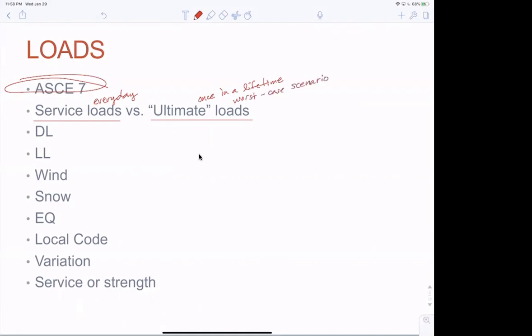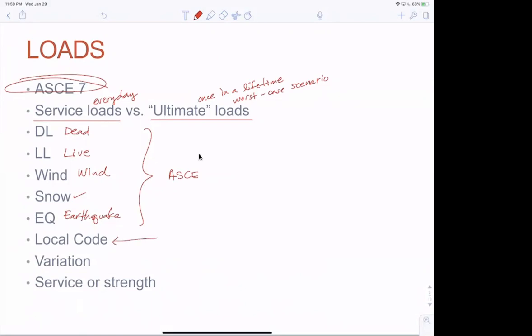Okay, and the kinds of loads that go on buildings are dead loads, live loads, wind loads. Oh, I guess you could read that. Snow loads, earthquake. Doing a lot of that kind of work here in Japan. And these loads that are defined by ASCE 7, they get adopted into our local building code.